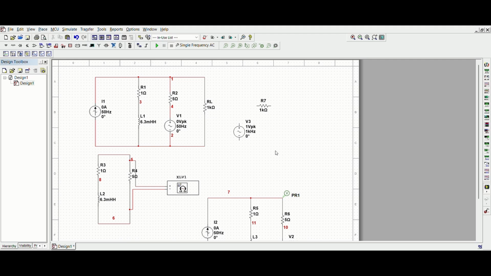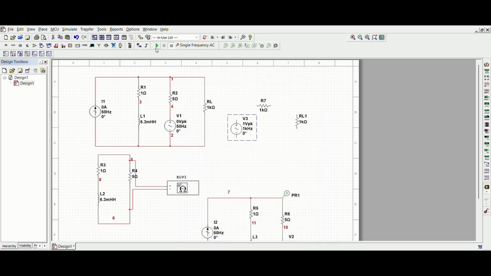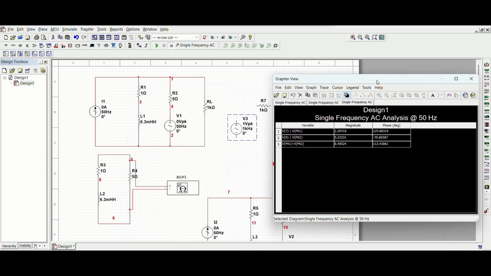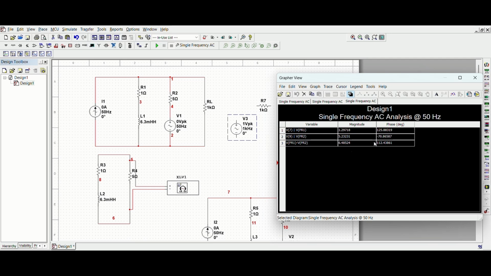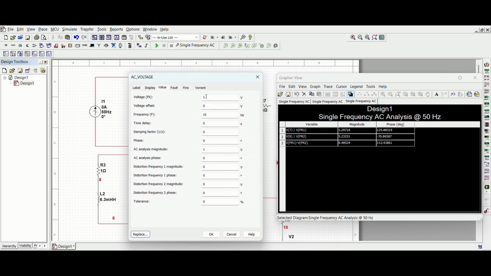We will copy this and paste it. So first we have to change its value. We will keep the same value, like this is our potential difference, that is Thevenin voltage. We will keep this: peak to peak voltage is 0, frequency is 50 Hz, and magnitude is 6.48, and phase angle is 112.43.